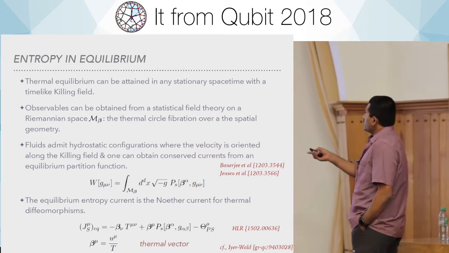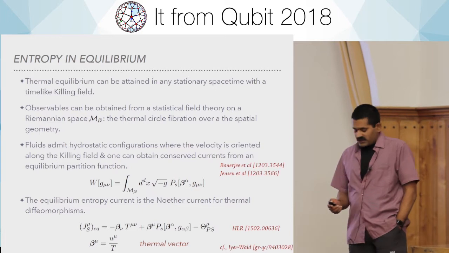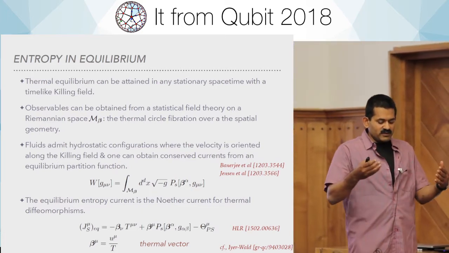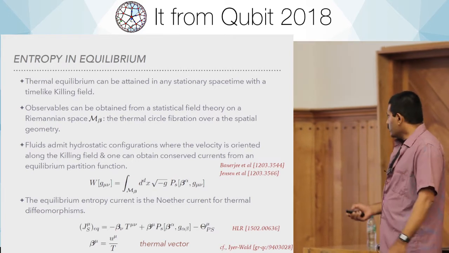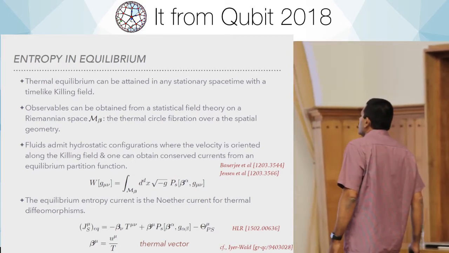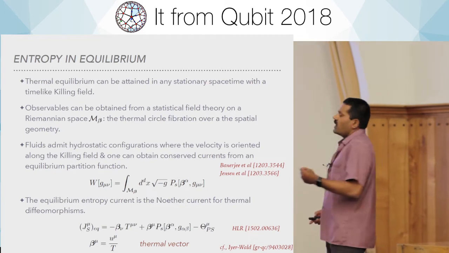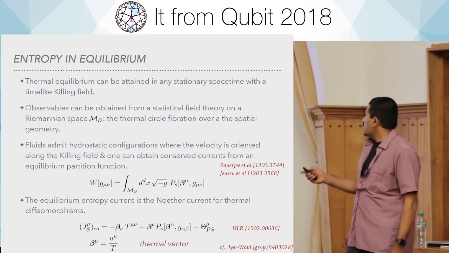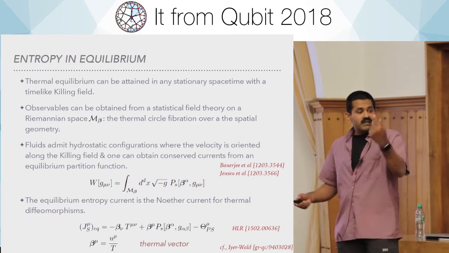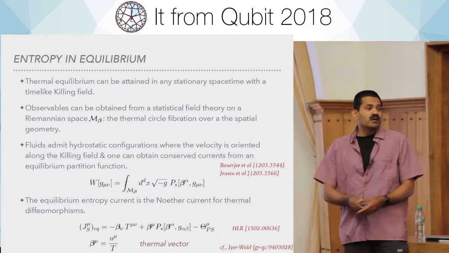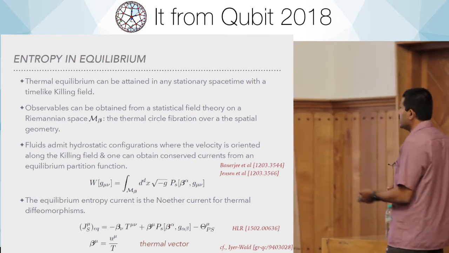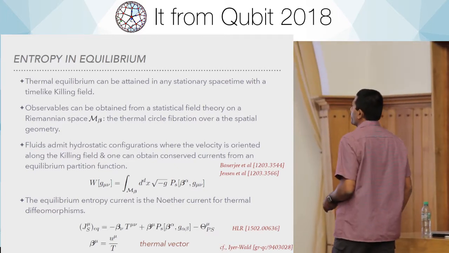An interesting statement which follows from this is that if you think of a hydrodynamical approximation to any interacting quantum field theory, then fluids always admit hydrostatic configurations where the velocity of the fluid is basically aligned with the thermal fiber, with the Killing field of this Riemannian space.